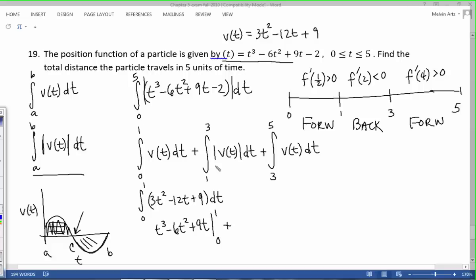Plus, and then this is going to be the same antiderivative, only we're going to have it in absolute values. We'd have t cubed minus 6t squared plus 9t evaluated from 1 to 3.